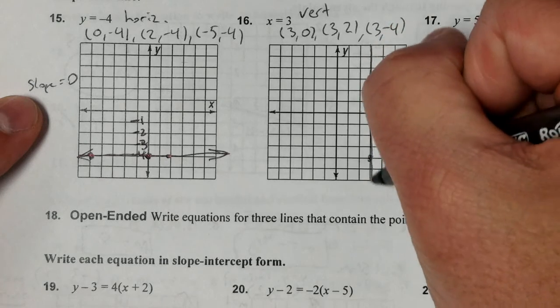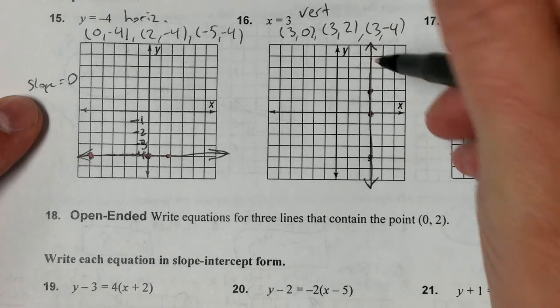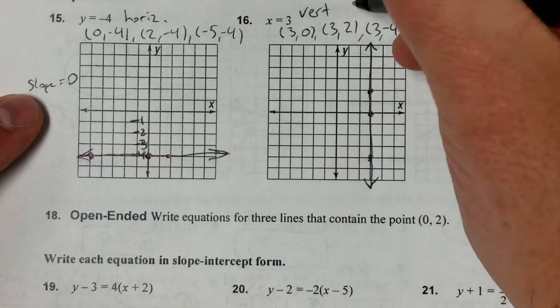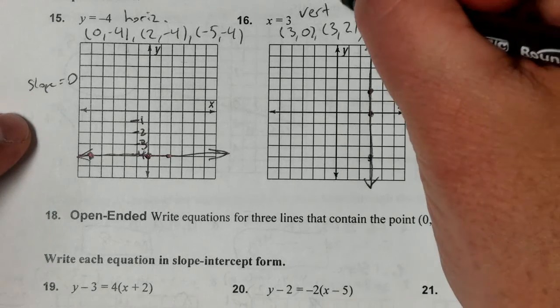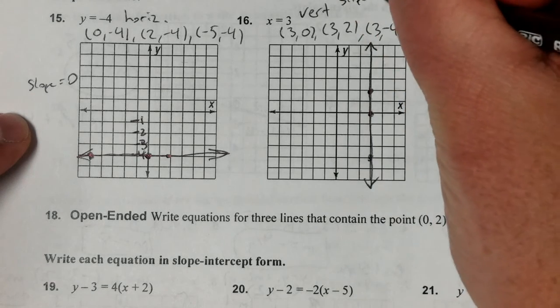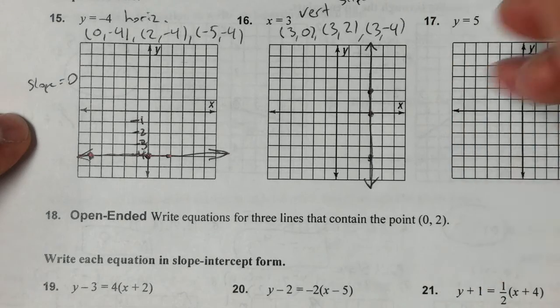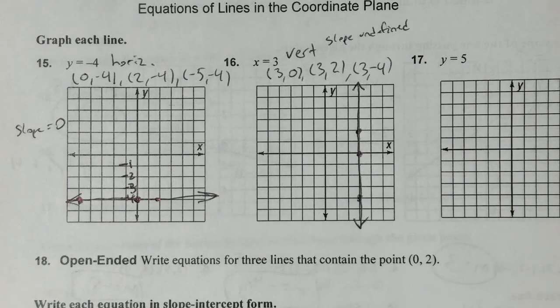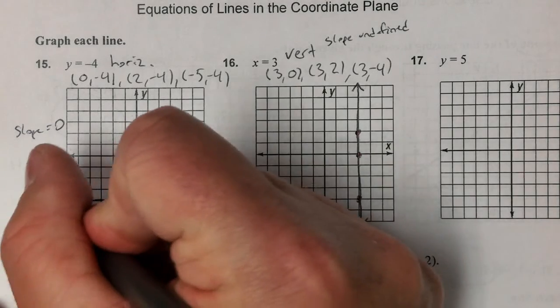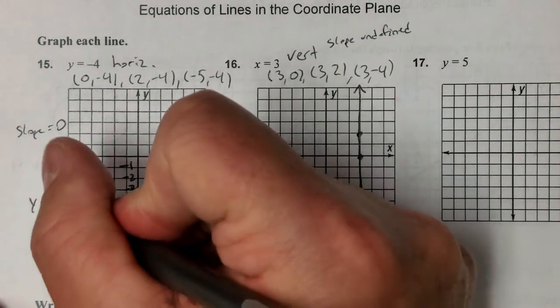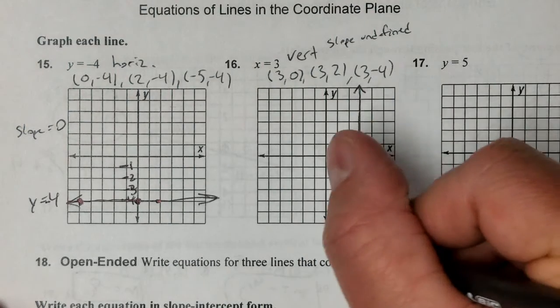The main thing is that it is a vertical line. And so the slope would be undefined. So the horizontal one is y equal -4, and the vertical one is x equal 3.